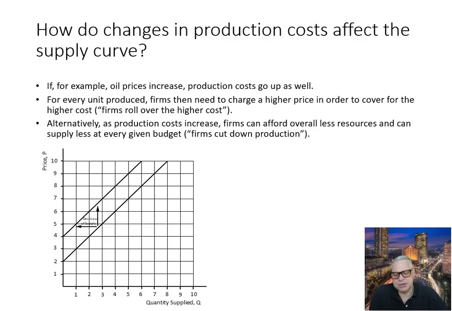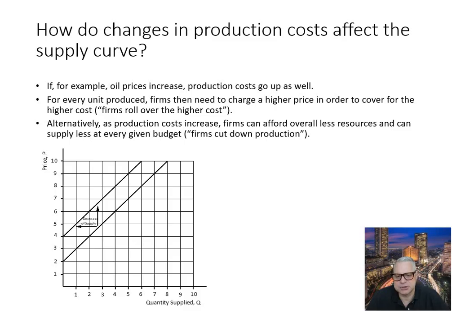Because if you imagine that a company operates with a certain budget, and a very simple version of a budget is, currently, let's say the price is currently 6, and the current supply function is the one that starts here at 2.